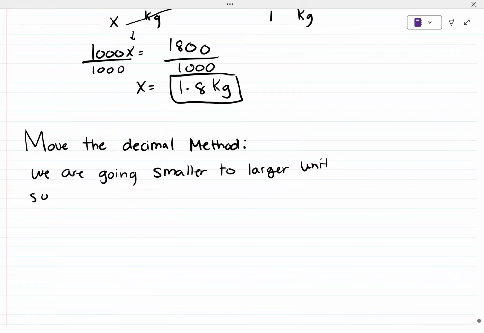So we are going to move the decimal three places to the left.